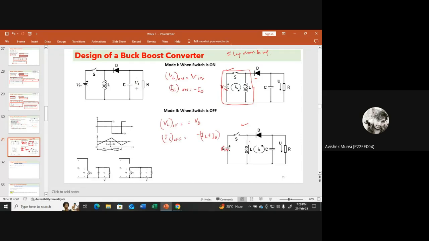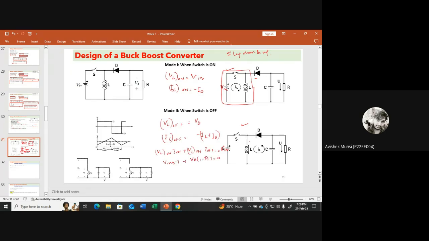Right. So now if we apply volt-second balance, that is VL on T on plus VL off T off equal to 0. That is V in dT plus V0 (1 minus d)T equal to 0.